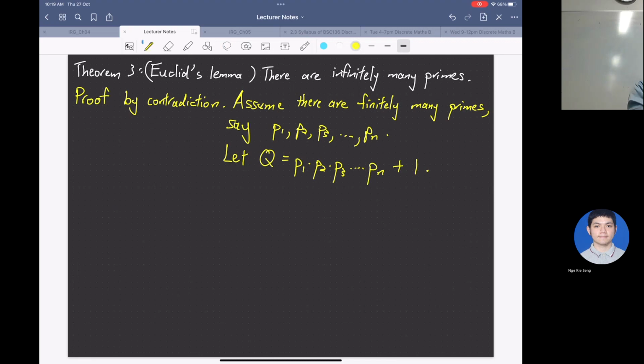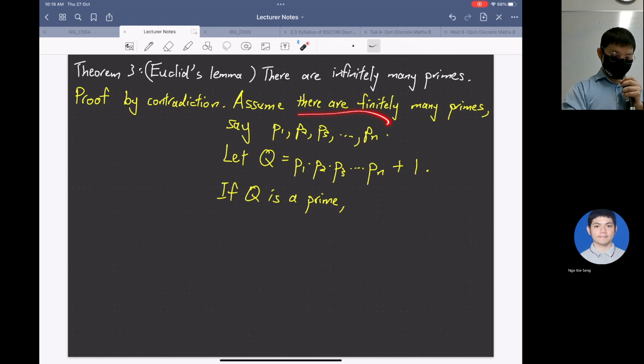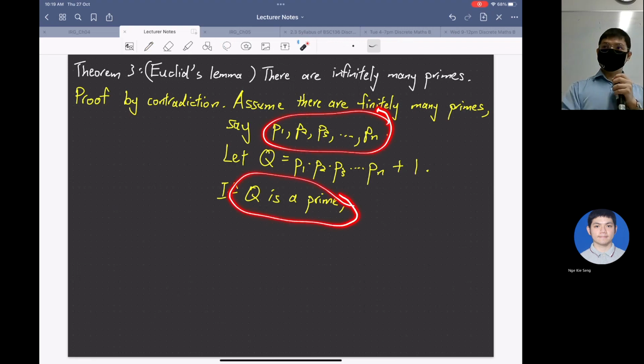So there are two possibilities: either Q is a prime or Q is not a prime. Suppose Q is a prime. Then we found an extra prime. But just now we said there are only n of them, and now you found an n plus one.